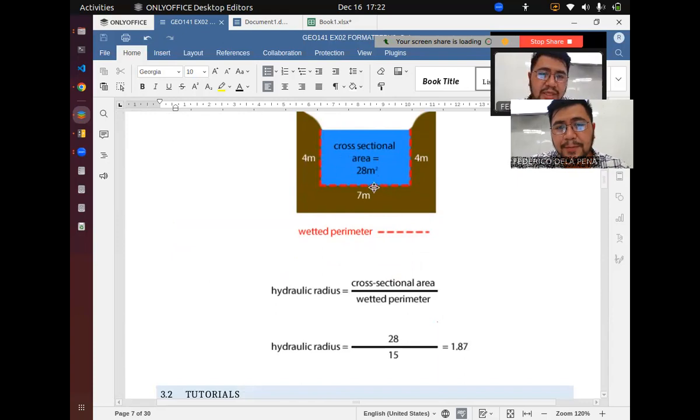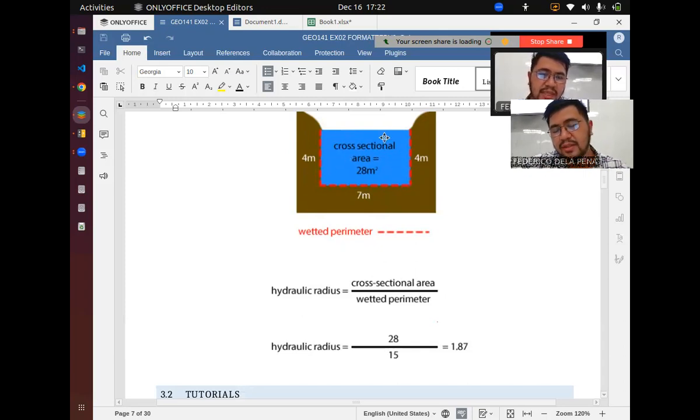Okay. If this is the channel or the stream cross section, if you're looking at the river through its cross section, you have the sides of the channel, the bottom. Basically, this dashed red line is what we call your wetted perimeter. Okay, this is the perimeter where the water is touching the channel. And then your cross-sectional area is basically this whole area.